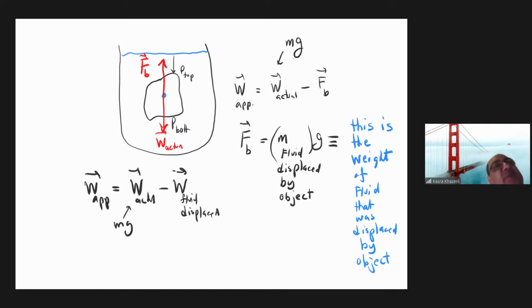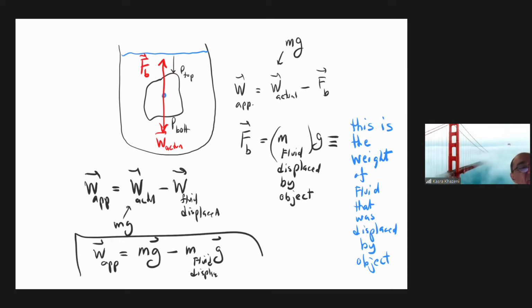Okay, now obviously this is mg, and the other one is mass of the fluid displaced times g, because that's the weight of the equivalent amount of that fluid that would have been there instead of that object. Okay, so that's, and I have to put vector signs here. Okay, so that's the apparent weight.